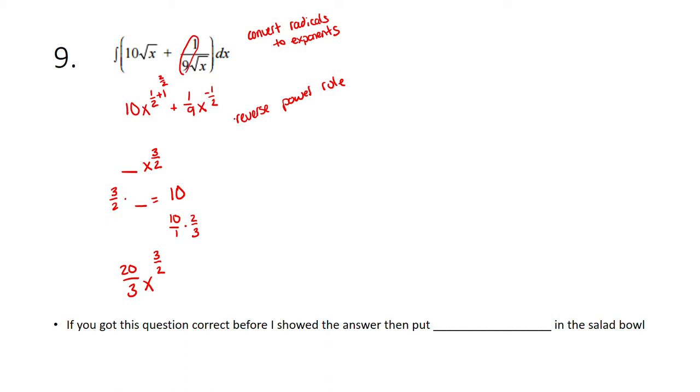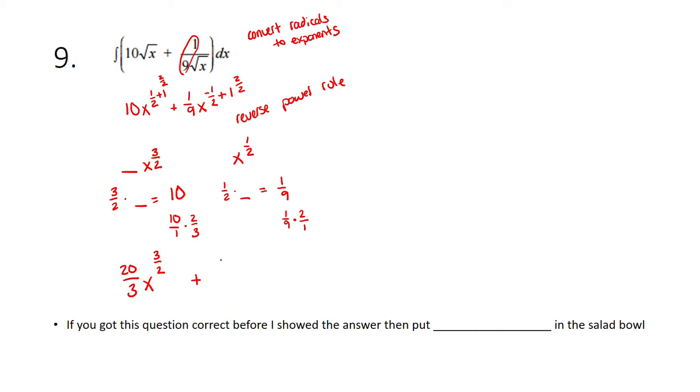My second term, I need to add 1 to the -1/2. That's going to give me a positive 1/2. So positive 1/2 times what is my original coefficient of 1/9. And that means we're dividing by 1/2. So 1/9 divided by 1/2 is the same thing as saying 1/9 times 2 over 1, which is 2/9.